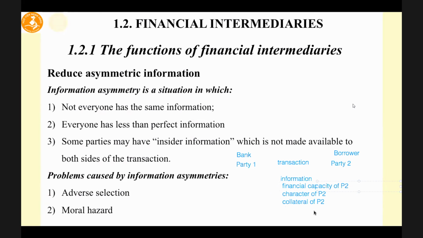It is the information related to the transaction. And I don't want to know the information about the lover, how many lovers party two has. I only want to know the information related to the transaction.